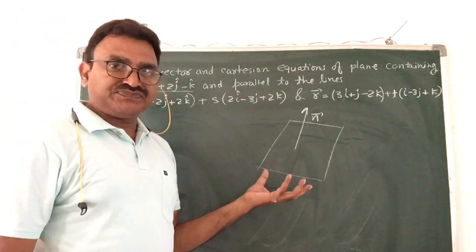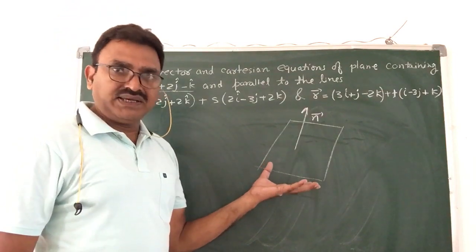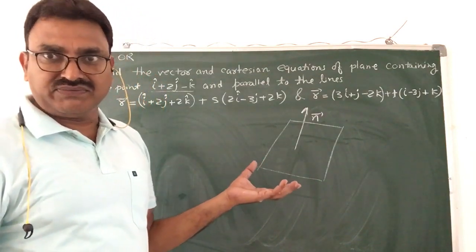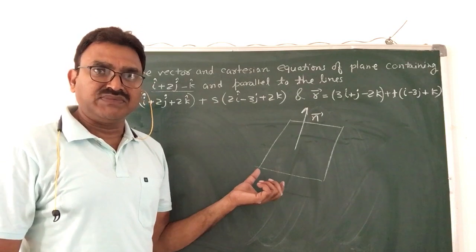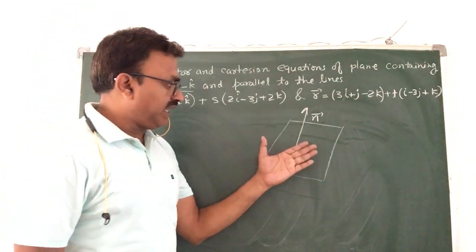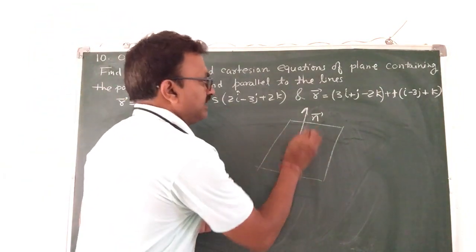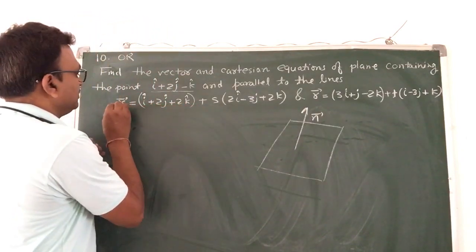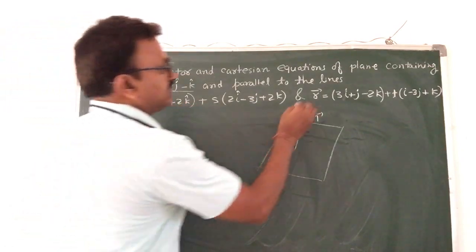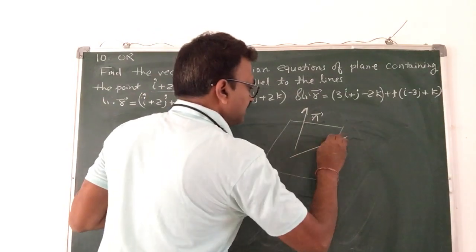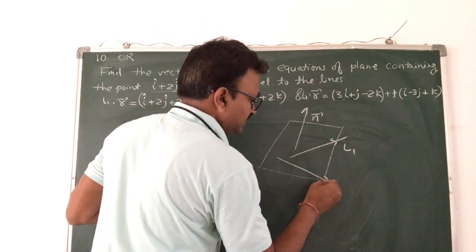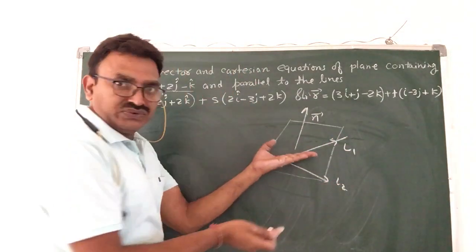Actually, there is again a concept of vector product which we will use in this question, because this plane is parallel to two given lines. Let us assume this is line 1 and this is line 2, and the plane is parallel to these two lines.